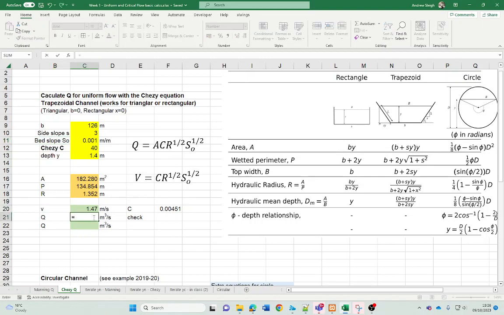And Q is just velocity times area, 268 in this example. We can use the first formula: area times Chezy C times R to the 0.5 times S0 to the 0.5. Again, that's about right. Same value.